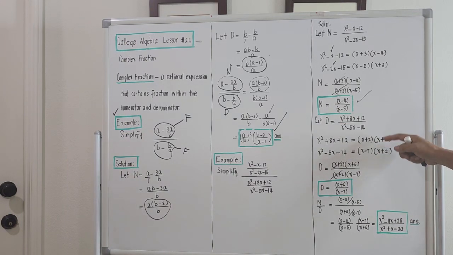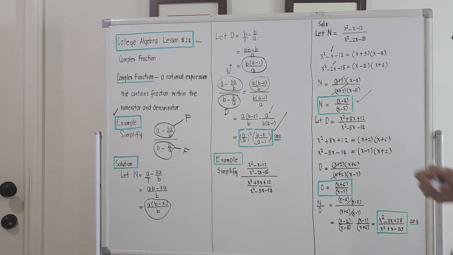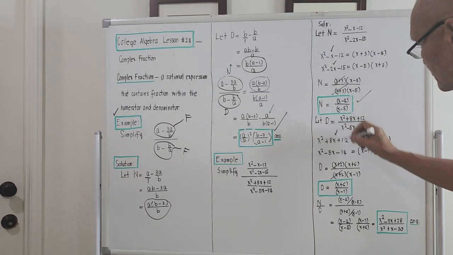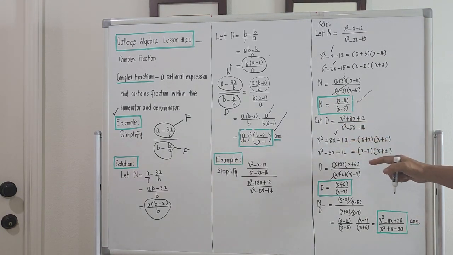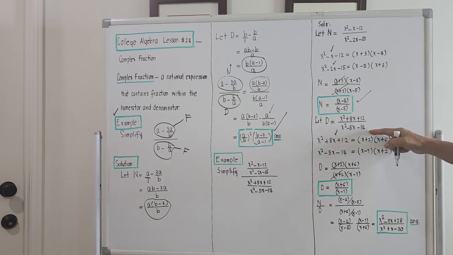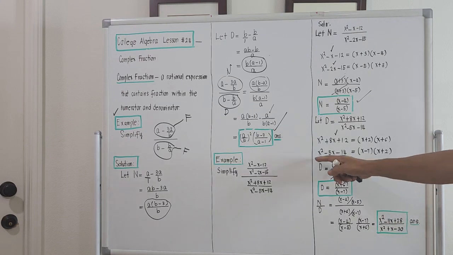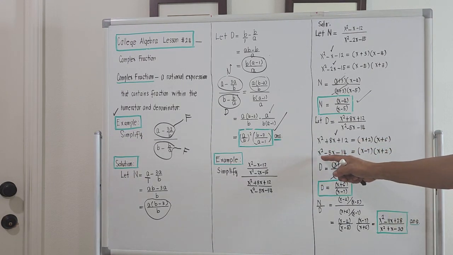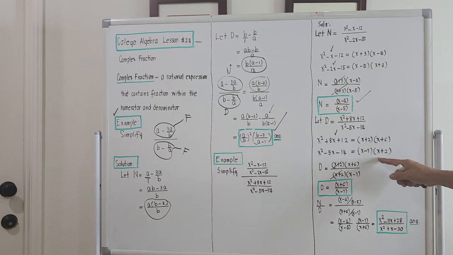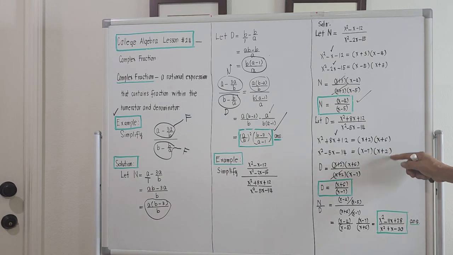2x plus 6x will be 8x. So this is correct. So the binomial equivalent of this one will be the product of the quantity x plus 2 times x plus 6. Next one. X squared minus 5x minus 14. The possible factors of x squared are x and x, and the possible prime factors of 14 will be 7 and 2.